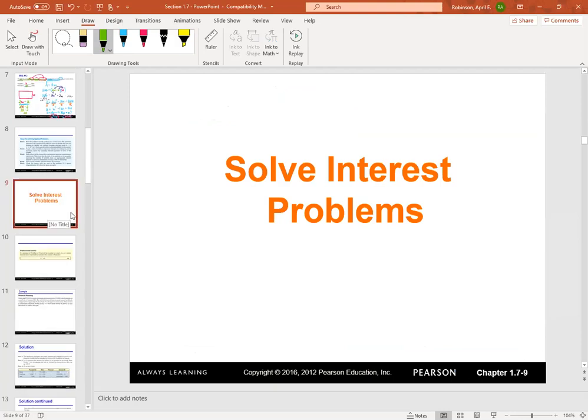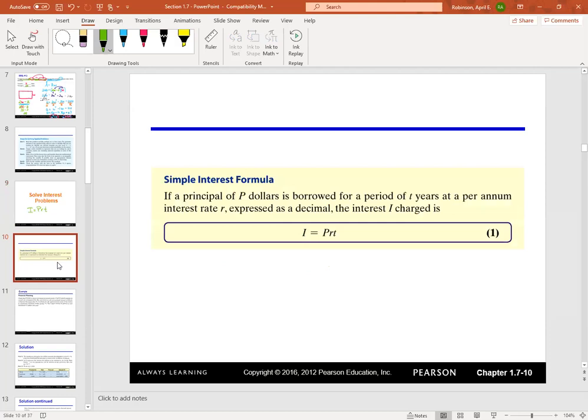And interest is usually represented by the letter I, and it is equal to P times R times T, which is what they show on the next slide. If a principal of P dollars is borrowed for a period of T years at a per annum interest rate R, expressed as a decimal, the interest I charged is, they're going to take however much money, interest is going to equal the amount of money that you borrowed times the interest rate, which is usually a percentage, but you put it in decimal form, and then time is usually always in years.